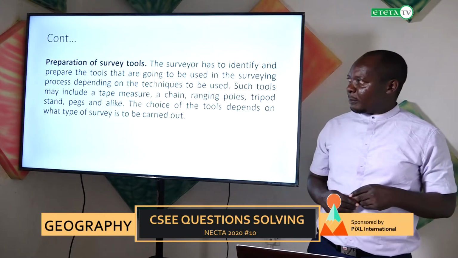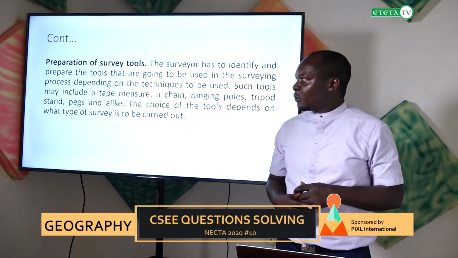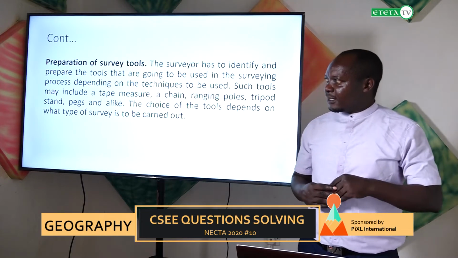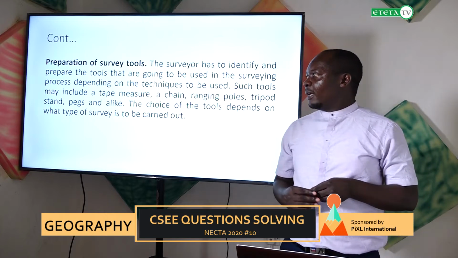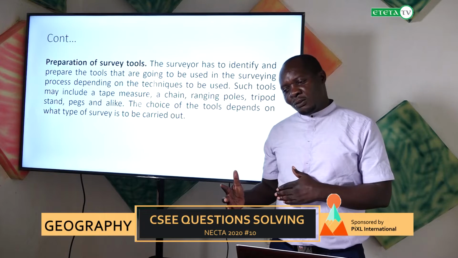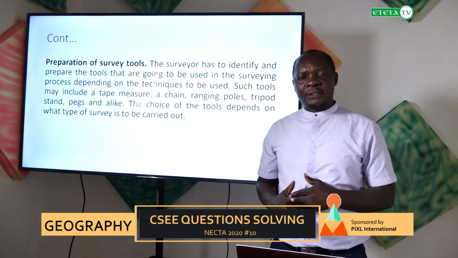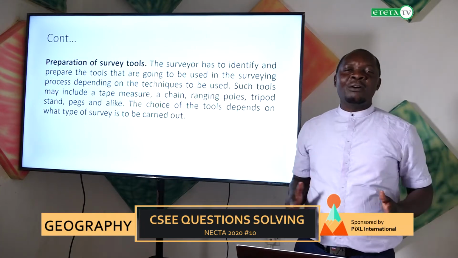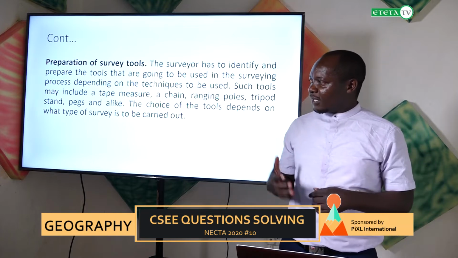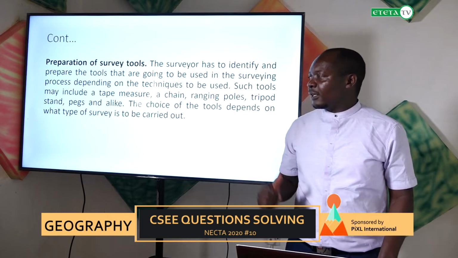The surveyor has to identify and prepare the tools depending on the technique that is going to be used, whether it is a plane table survey, a chain survey, or a prismatic compass survey. That means the tools are prepared according to the technique itself.